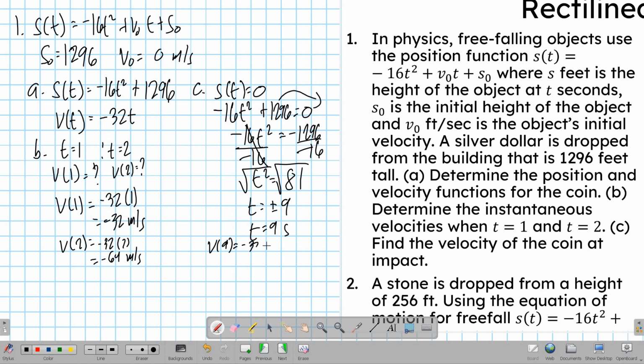It's negative 32 times 9, which would already be, if I'm not mistaken, negative 288 meters per second. So the answer for this is negative 288 meters per second.